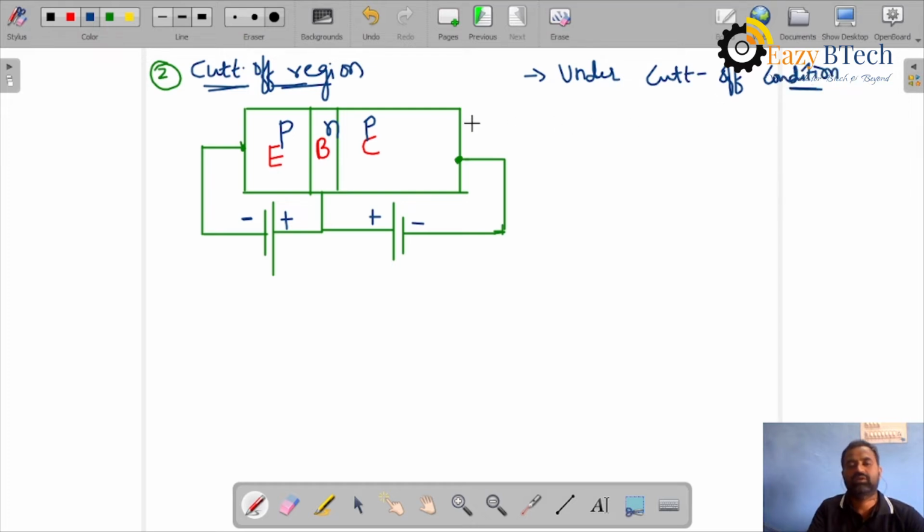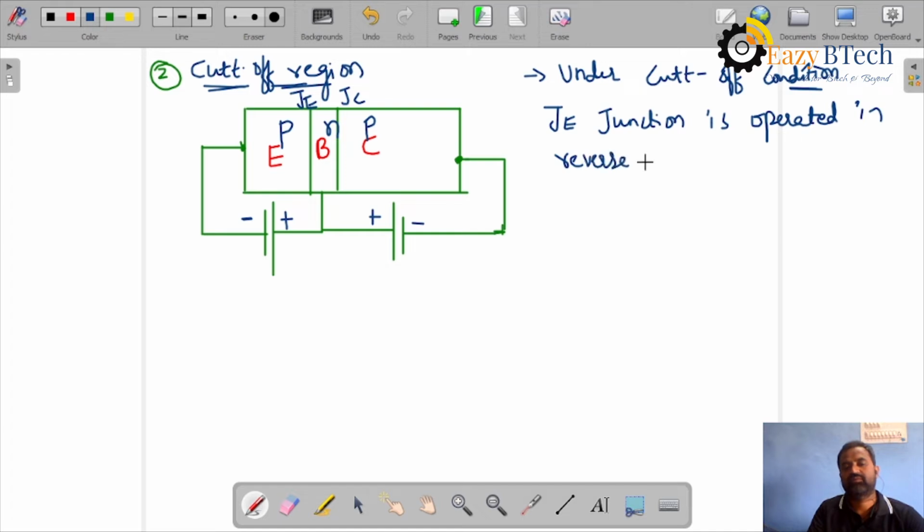Under cutoff condition, this junction is JE and this junction is JC. Under cutoff condition, the JE junction is operated in reverse bias, and the JC junction is also operated in reverse bias.